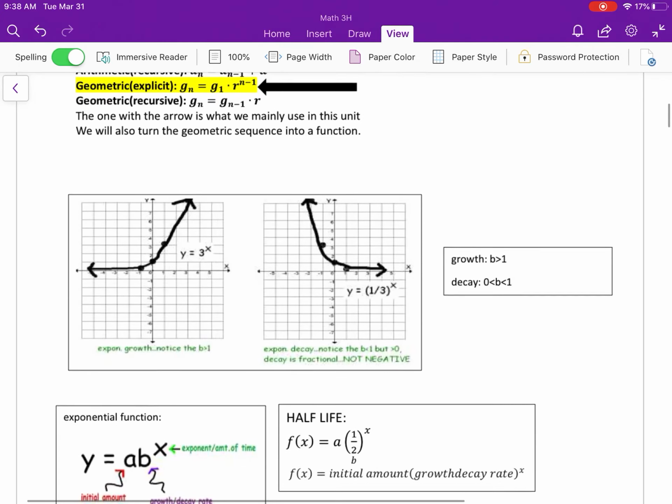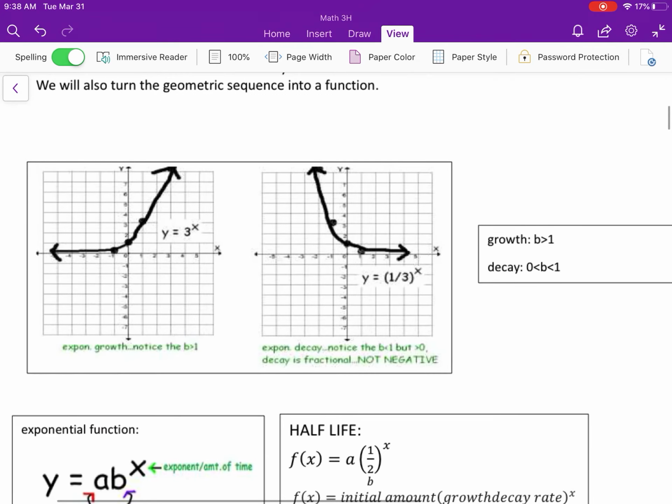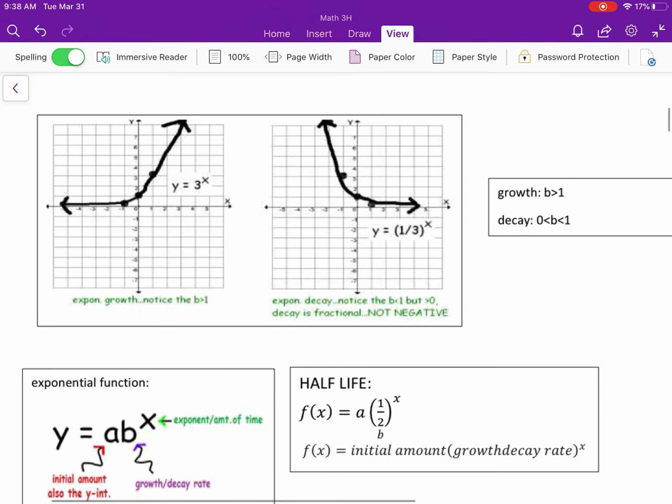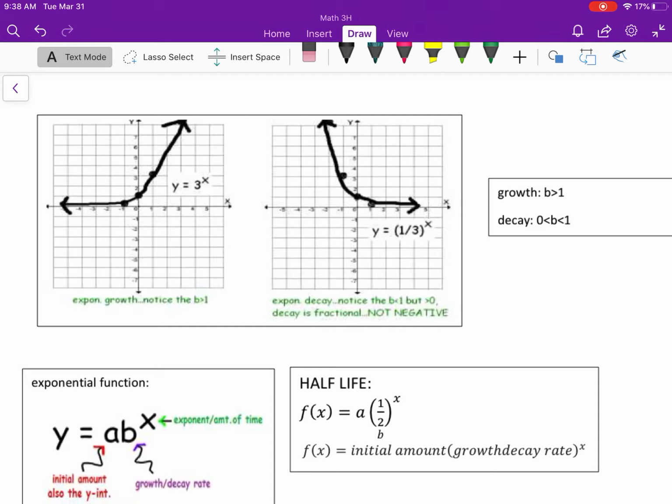And here what I did is I showed you two graphs. One, you'll notice, is y equals 3 to the x, where that one is increasing. Okay, from left to right, that's our exponential growth.